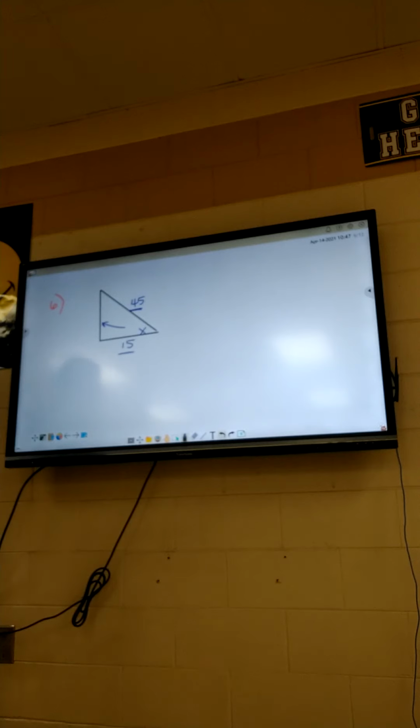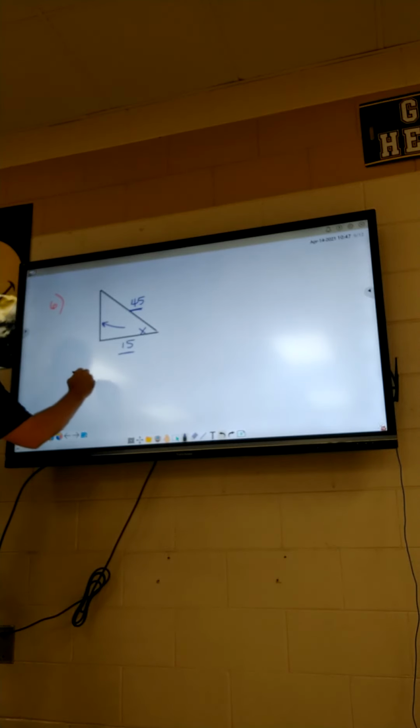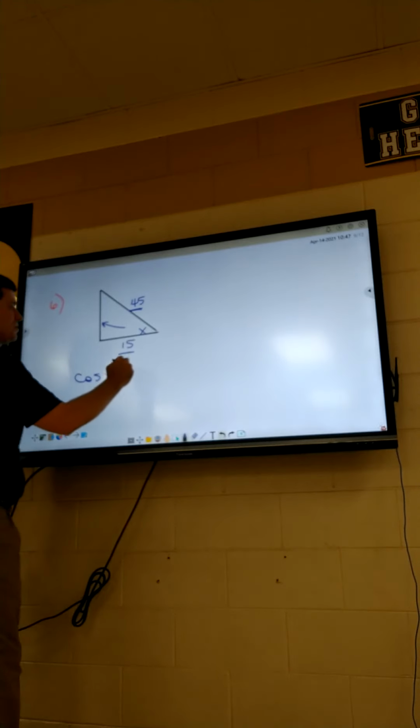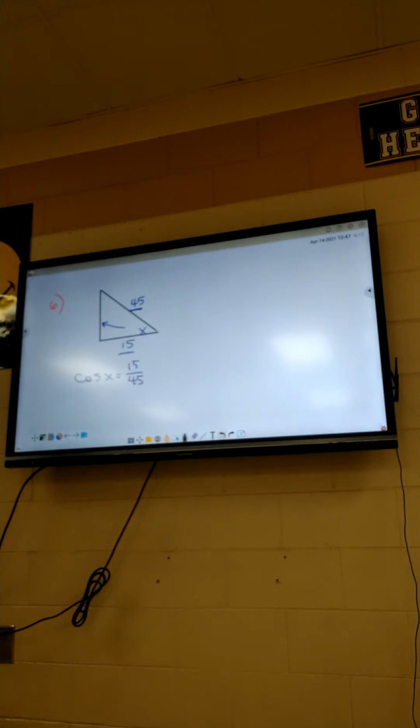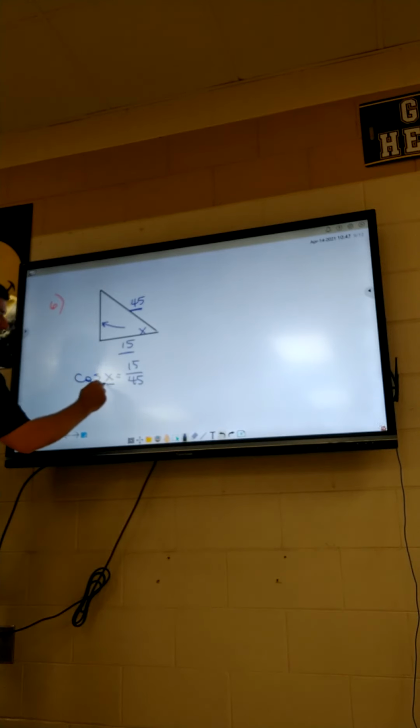So we got to use cosine, right? That's the only one with adjacent and hypotenuse. So cosine of x equals adjacent over hypotenuse. Any question why I set it up that way? All right, so do we have to do the extra step on this one? Yes. Why? Because we're trying to find the angle.